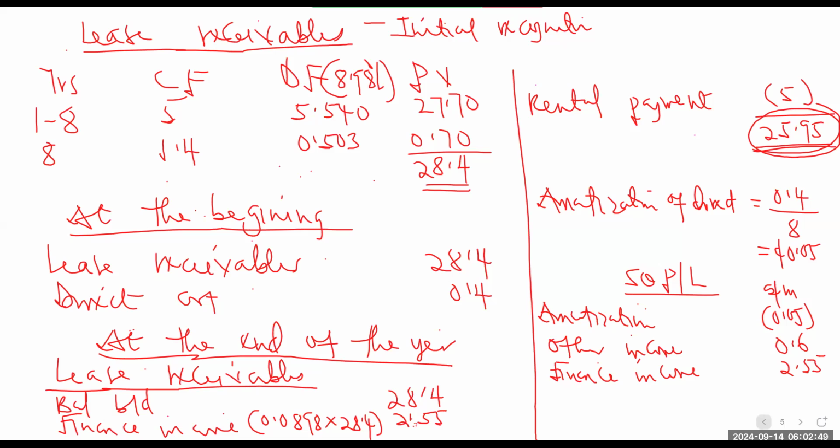Because at the end of the day, the total receivable that should be shown is 25.95, but we are just splitting it into current and non-current assets. And the entity should also show a deferred direct cost of 0.4 minus 0.05. That is what you are going to be telling them.